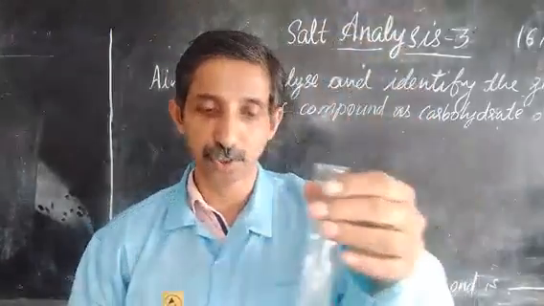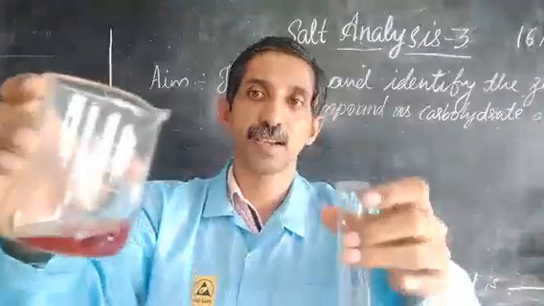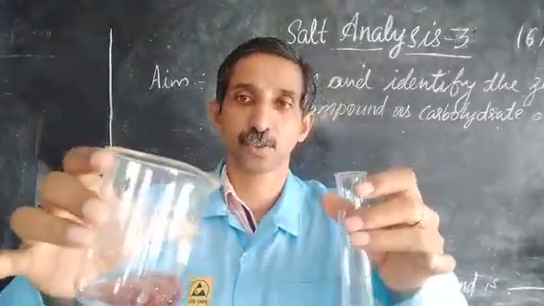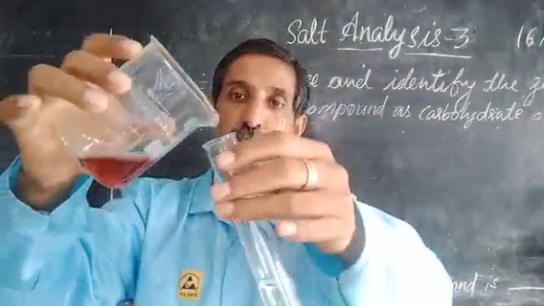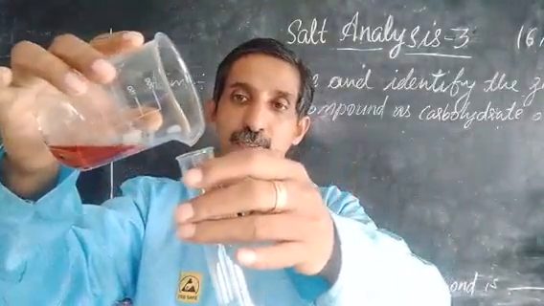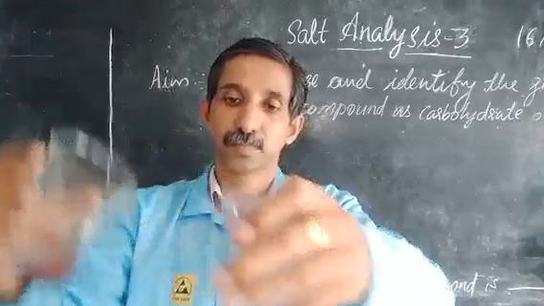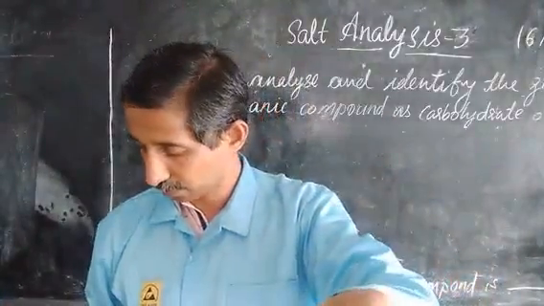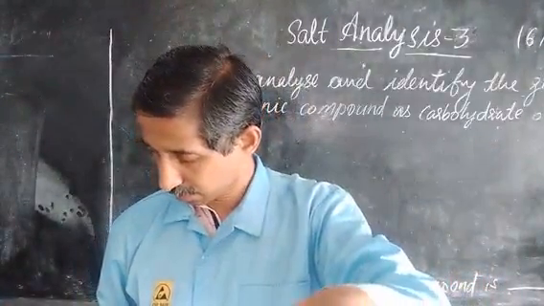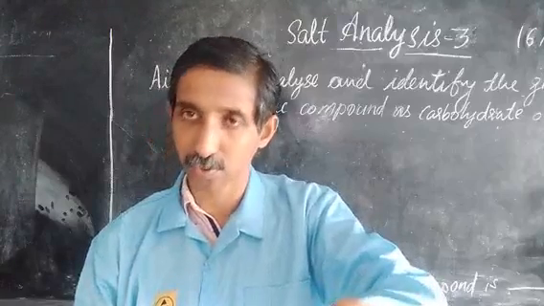Now 2 to 3 drops of alpha naphthol solution. Alcoholic alpha naphthol solution means alpha naphthol dissolved in ethanol. 2 to 3 drops of it will be added into it. And to this mixture, concentrated sulfuric acid is also to be added.